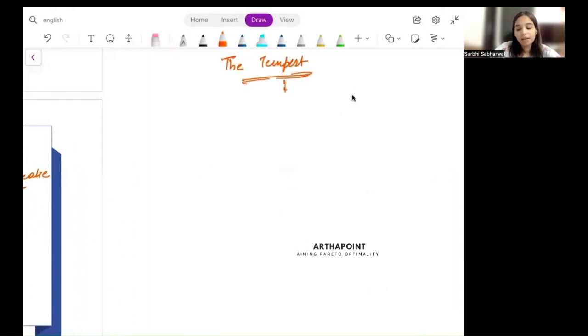So this play, The Tempest, the majority chunk of the play takes place in an island that has no name. With no name, we see protagonist Prospero living on this island with his daughter Miranda.